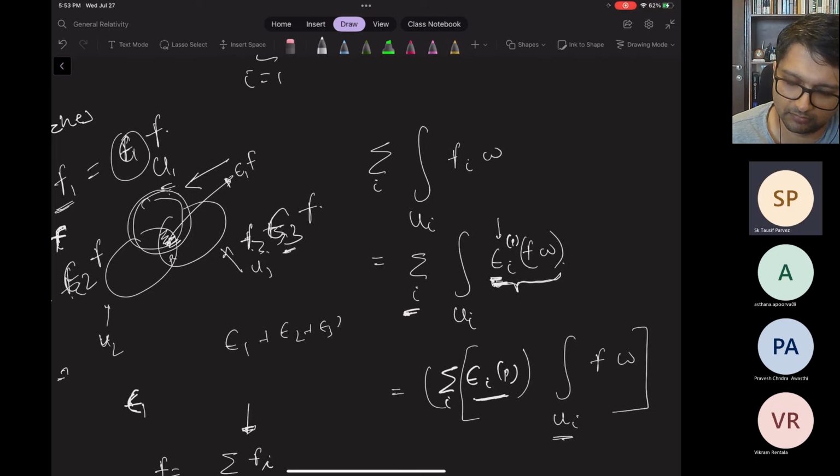Yes, like only if we have a point P which is only inside one U, then only it is one, and for the rest it is zero. So this holds. And if there are two U's which overlap with some half factor, then this also holds.